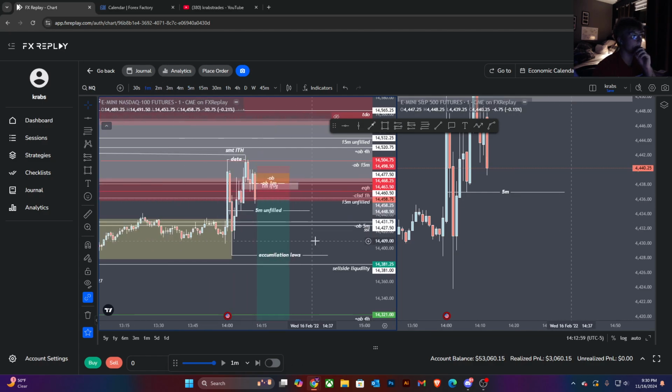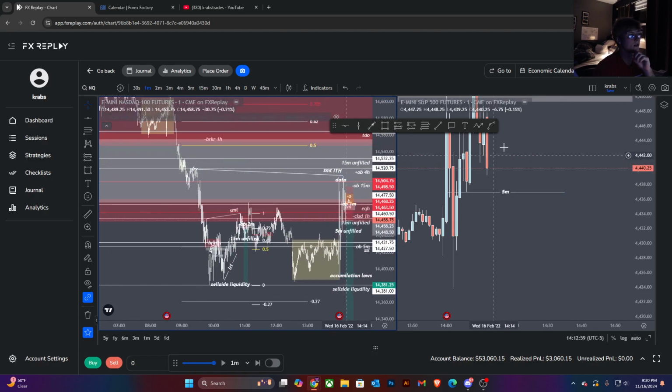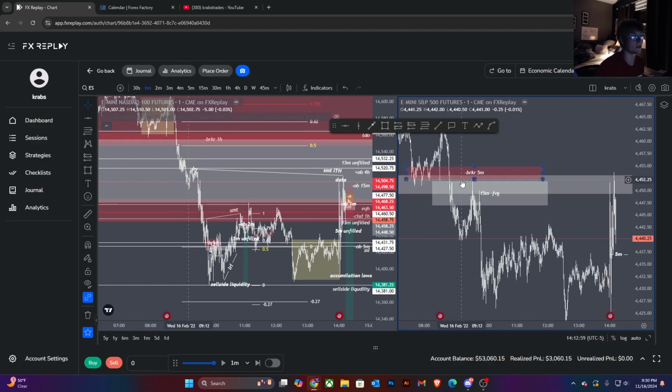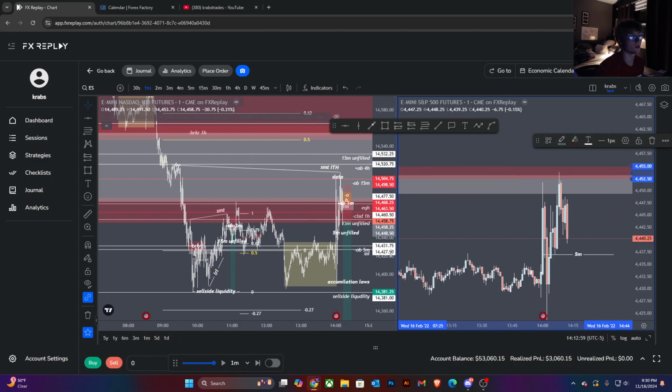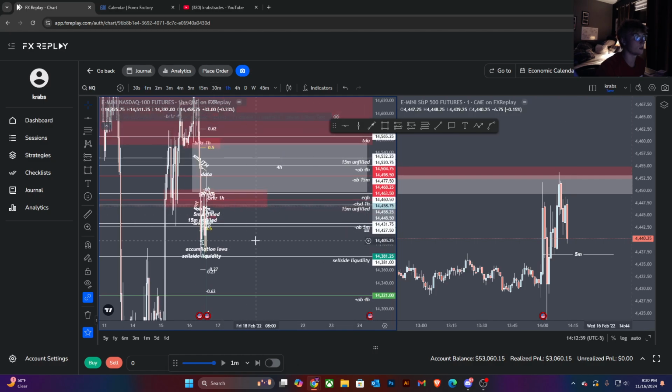Alright, let's try it. Omen inversion, SMT with this internal high here. Pretty significant SMT, intermediate term high here, the swing, which is also ES rejecting a breaker block. NQ is rejecting a breaker block as well on the hourly.